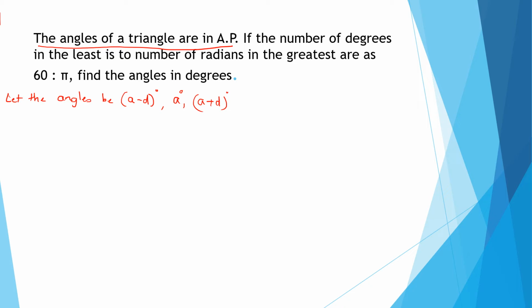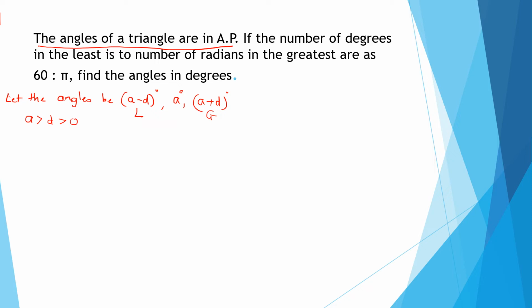Okay. Now what is the question? If the number of degrees in the least is to the number of radians in the greatest. Again, I'll assume the same condition. A, D से बड़ा है और दोनों पॉजिटिव हैं, तो ये लोएस्ट है, ये ग्रेटेस्ट है. एक लोएस्ट है और एक ग्रेटेस्ट है.